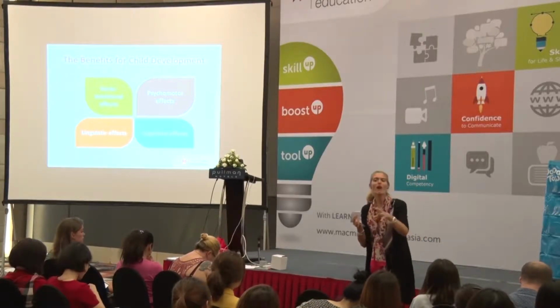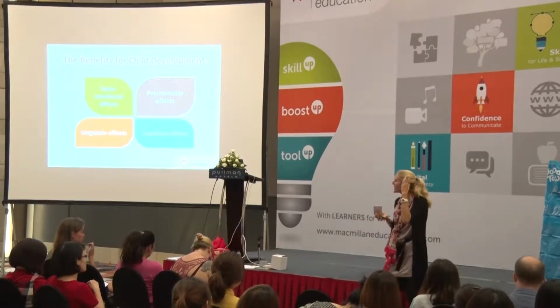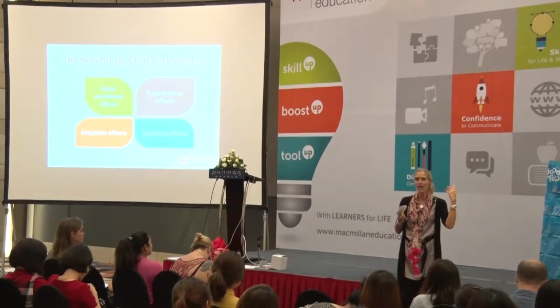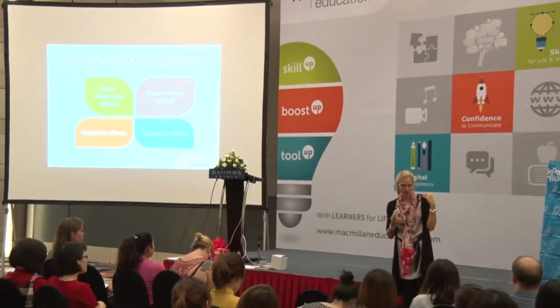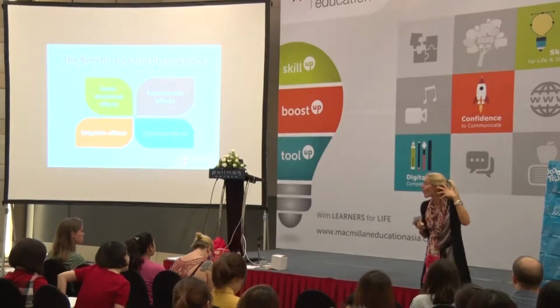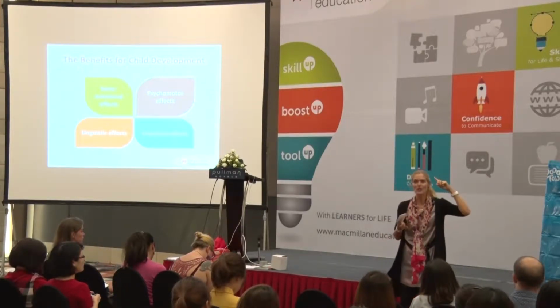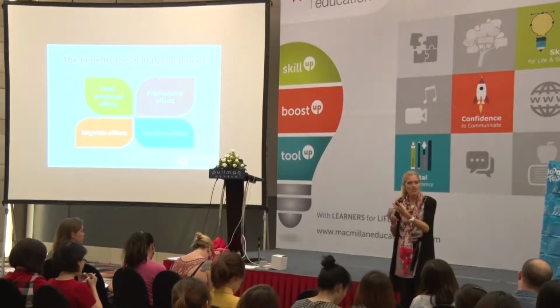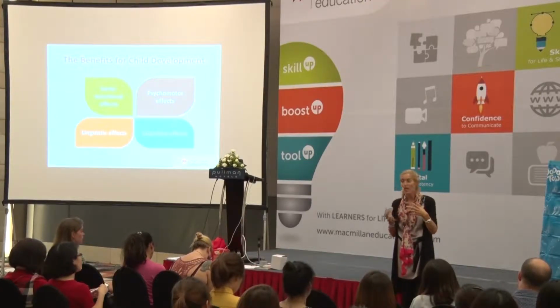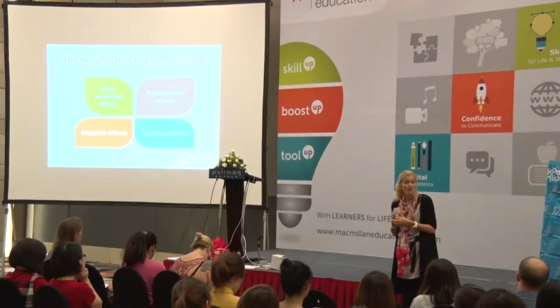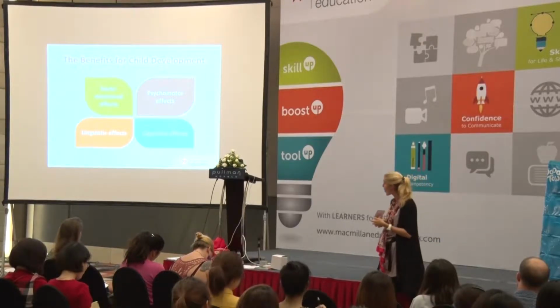I think about 12 to 16 times we need to repeat it before it actually goes to your long-term memory. And then you need to repeat it more because you might be able to passively recognize the tune and go, oh, I know the tune. But to sing it, we need to sing it even more for them to produce it. So repetition in songs is very important. That's why we need to use them a lot.